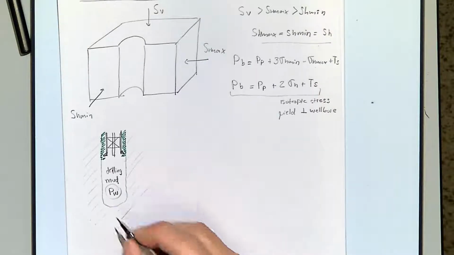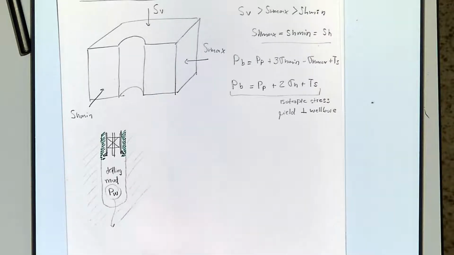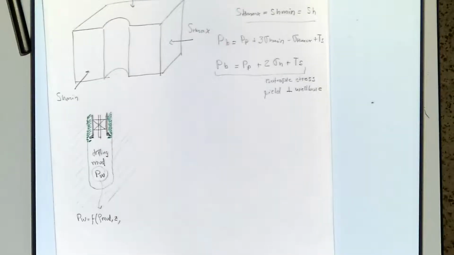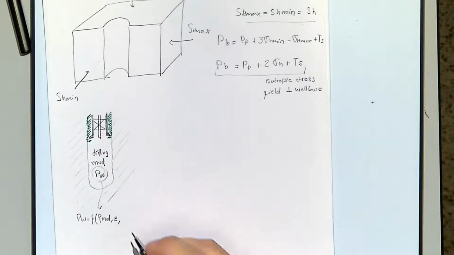And now this pressure PW is going to be a function of the density of the mud, as we have seen before. Is going to be a function of the true vertical depth. But now we're going to start injecting, and this is a closed volume. So if you start injecting in a closed volume, what do you expect is going to happen with this pressure?